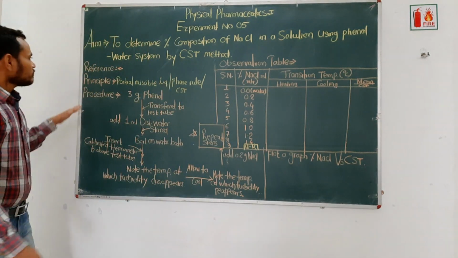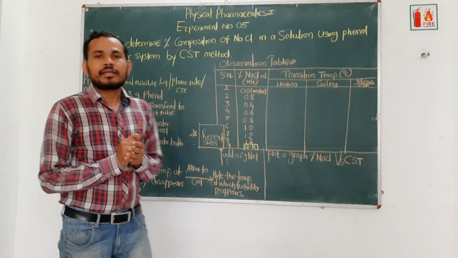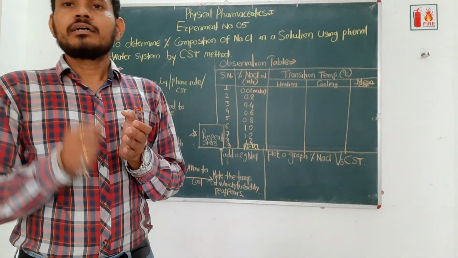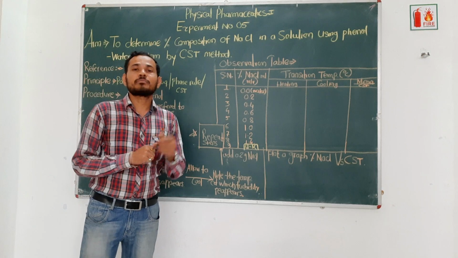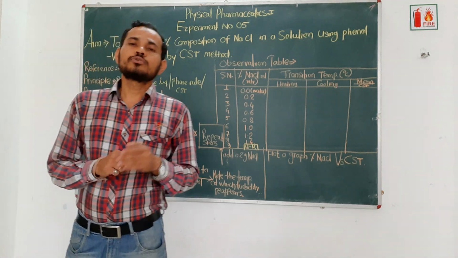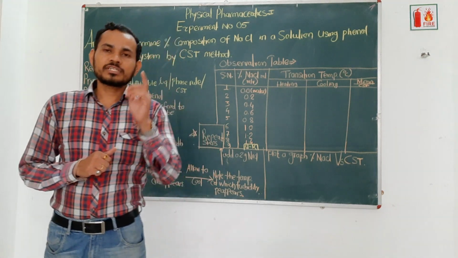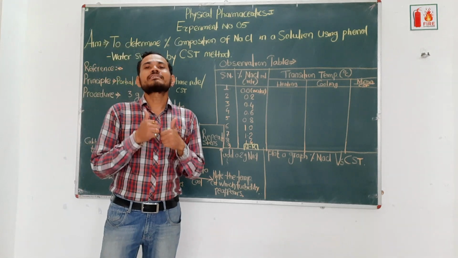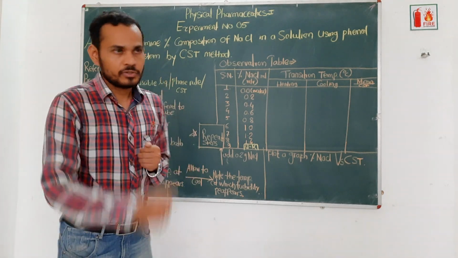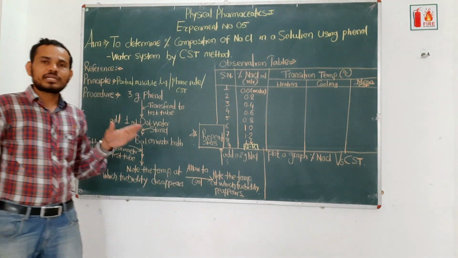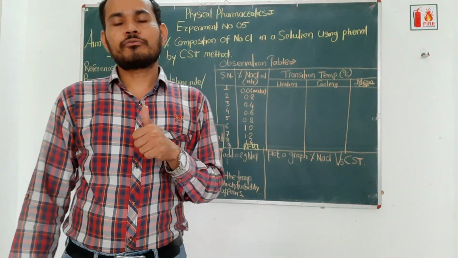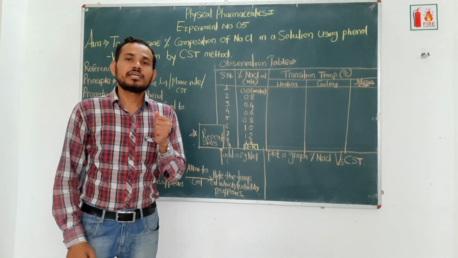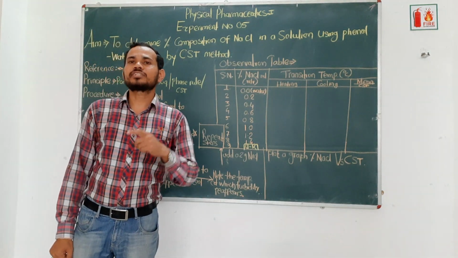Coming to the point, what is the basic principle behind this experiment? As the name indicates, we want to determine the composition of NaCl using critical solution temperature. First, we want to go through what this critical solution temperature is. Critical solution temperature is a phenomenon shown by some partially miscible liquids, and the phenol-water system is a very good example of partially miscible liquids.